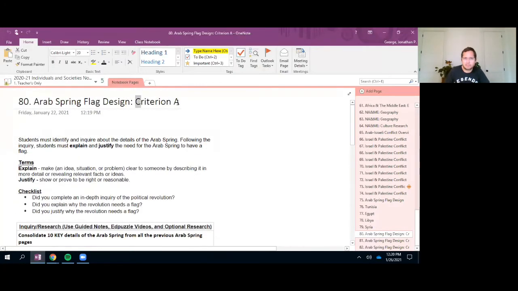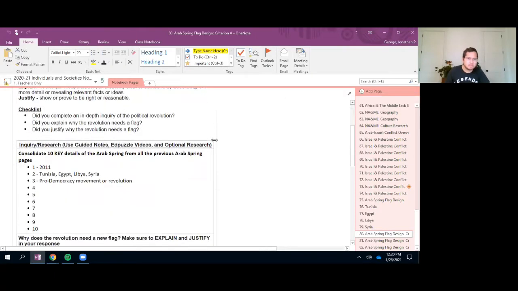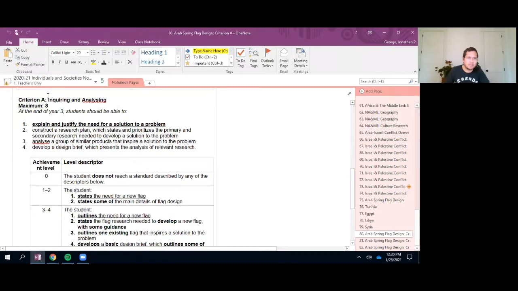Criterion A is an area of design for an IB course that assesses your ability to inquire and analyze content. So if we're talking about a flag and the Arab Spring, your ability to research, inquire information related to the project, and then analyze it to figure out what is good and bad about that information.